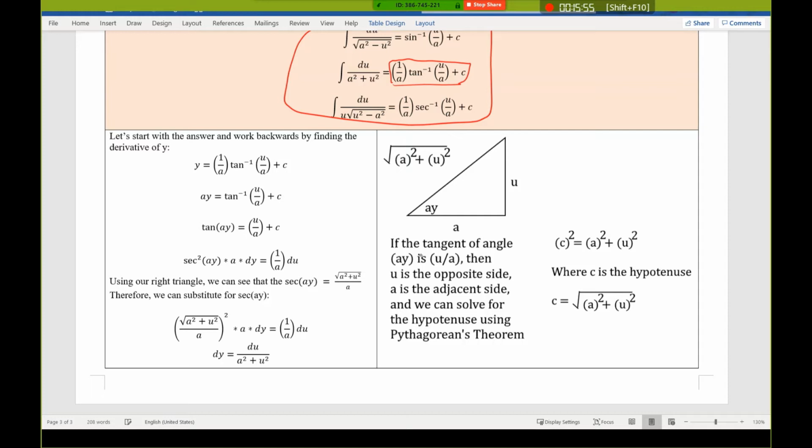1 over a is a constant. I'll actually just use my derivative rules here. 1 over a is a constant, so that will stay the same.